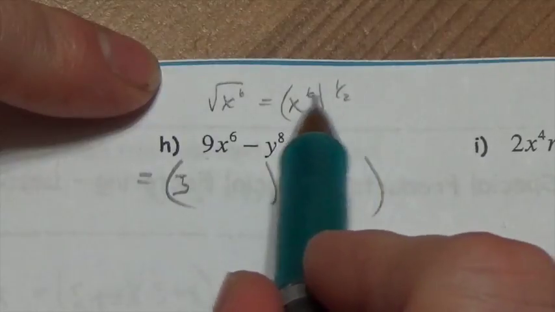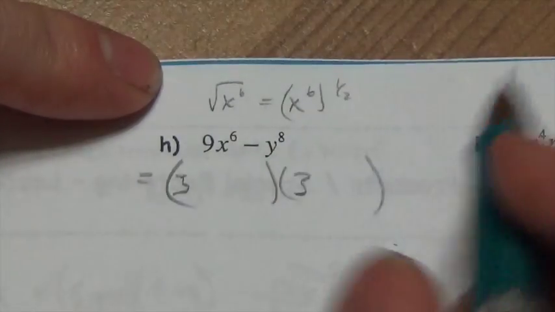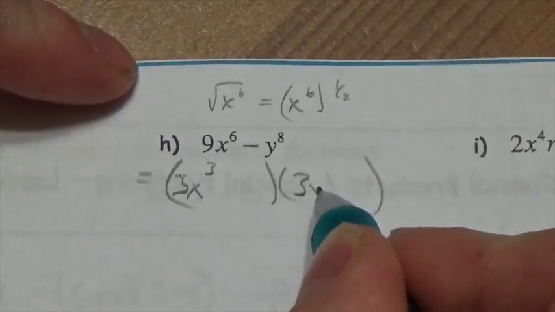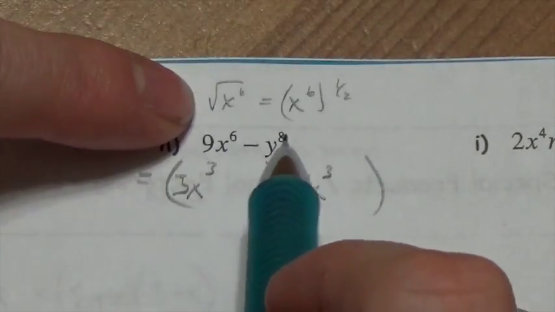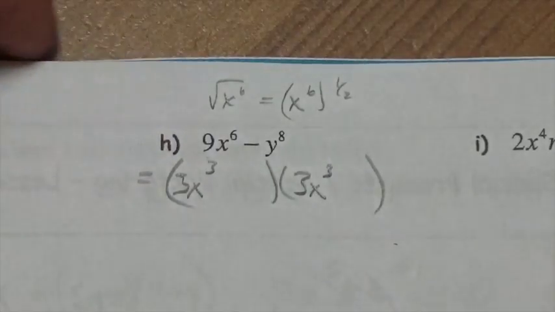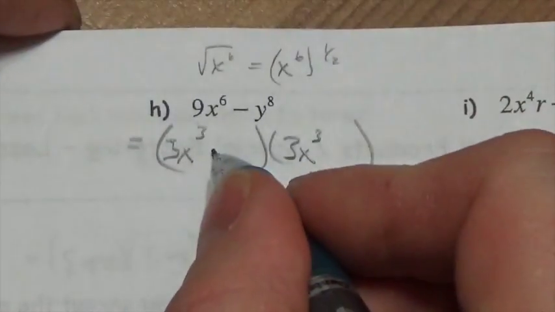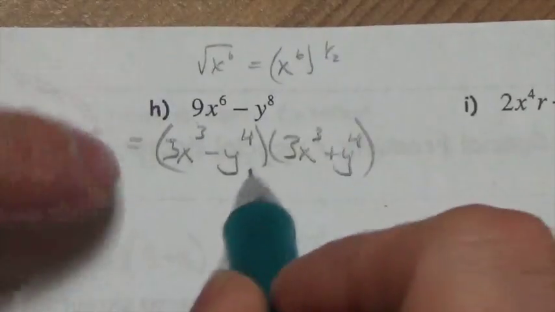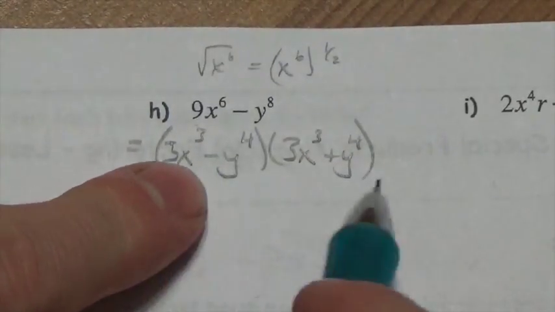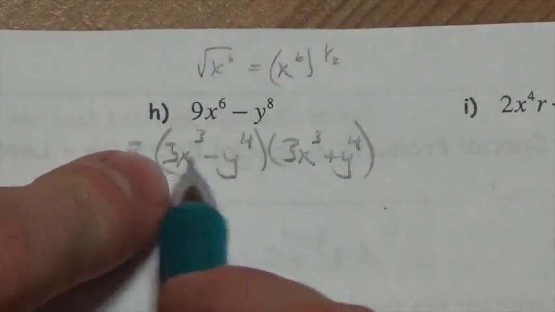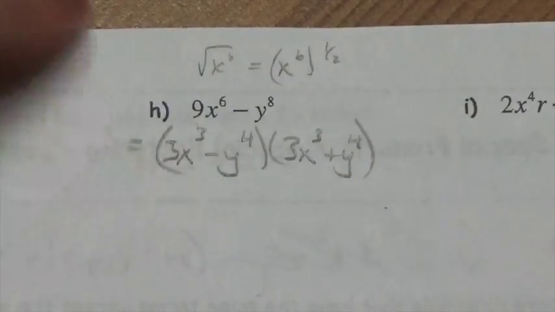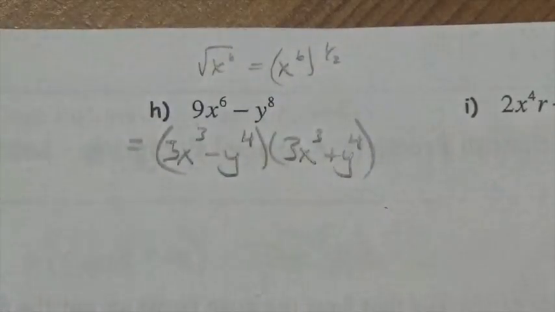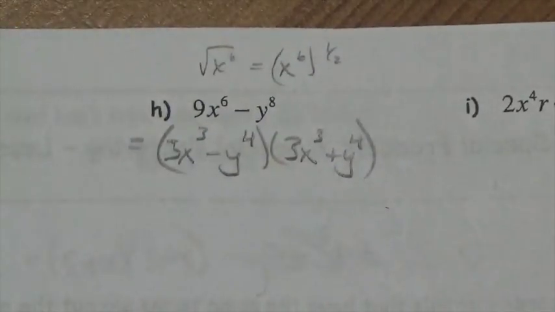What is 1/2 of 6 when you multiply it through? The answer is 3. So the square root here would be x cubed. And by that same logic, we can figure out what the square root of y to the 8th is, and it's going to be y to the 4th. So minus y to the 4th, plus y to the 4th. So we've created the conjugate here by having the same two terms subtracted here and added here. Now, can we go further with this? Is this one here a difference of squares? No, it's not, so this is a good place to stop.